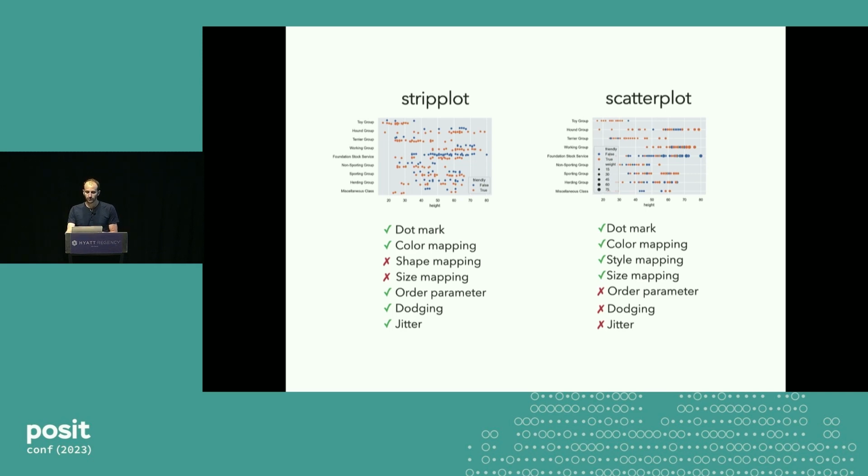And then the scatter plot function came later, producing plots that are in one sense more basic, but on the other hand have more options for mapping properties based on data. They allow you to control the size of the dots and the shape of the markers, whereas strip plot only controls the color. So you might find yourself starting to make a plot using one of these functions, realizing that it can't do everything you want, switching to one of the other functions, and then realizing you've lost some of the features that you were relying on.